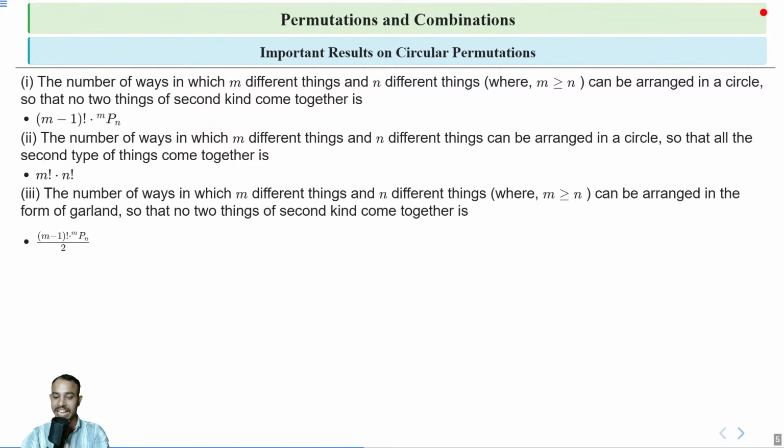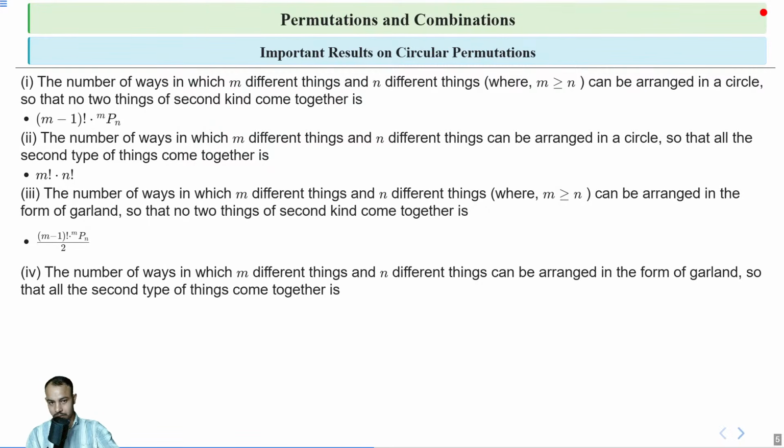In m gaps you can place n different things in mPn ways. So the number of ways in which m different things and n different things, where m is greater than or equal to n, can be arranged in the form of a garland so that no two things of the second kind come together is (m minus 1) factorial times mPn divided by 2. Clear? I hope this is clear.